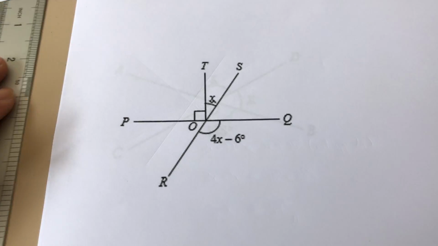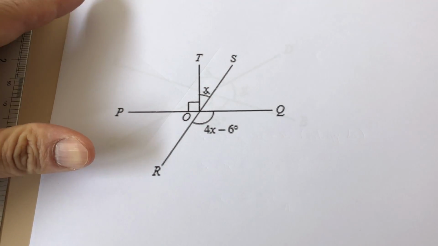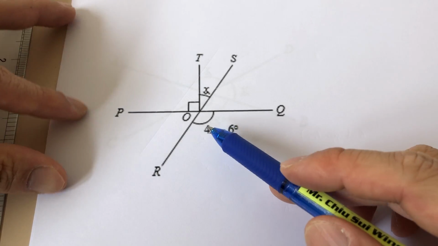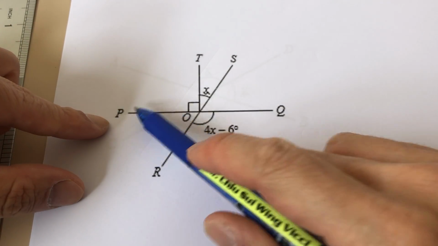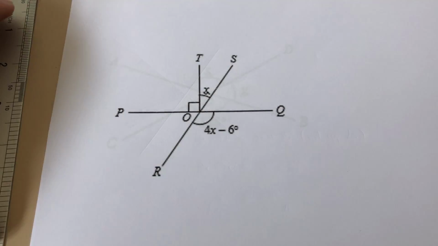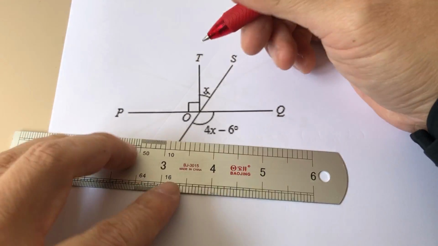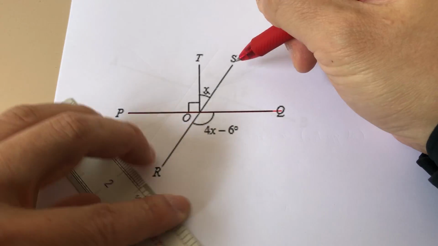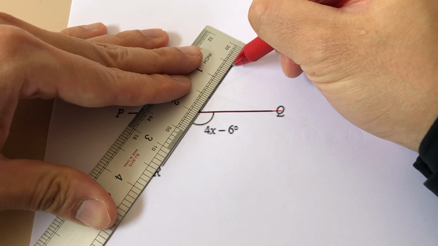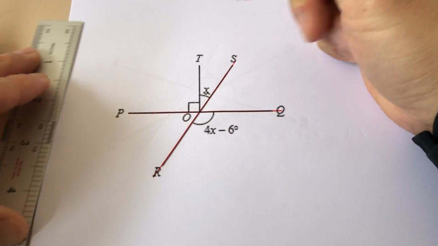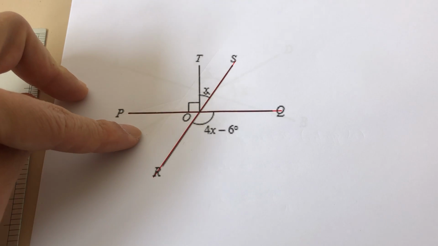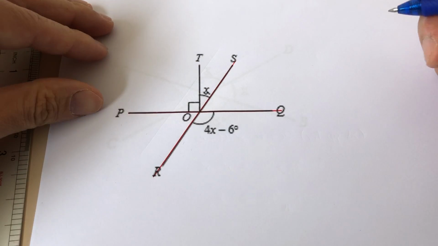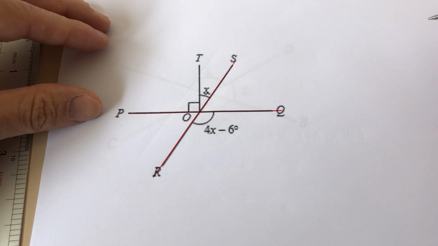Now, this is going to be the last one. In the question, we also know that PQ and RS are straight lines. So, do you recognize a pair of vertically opposite angles?